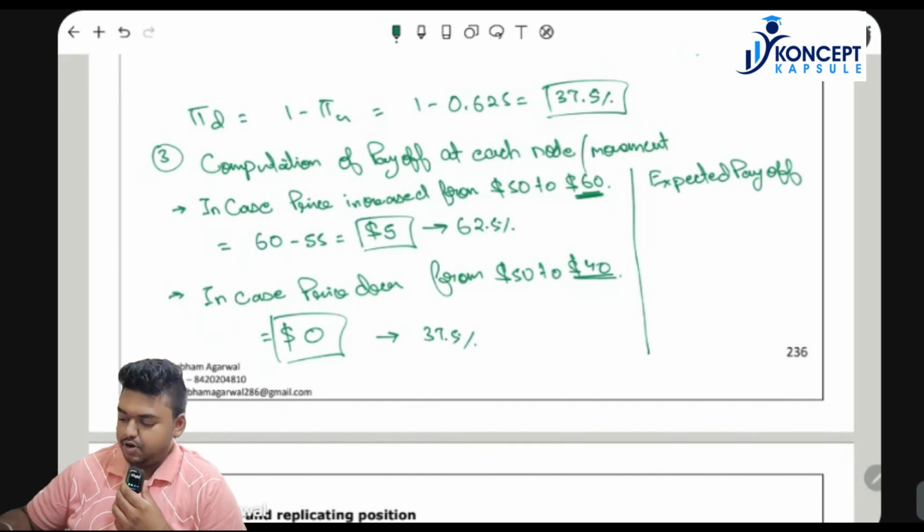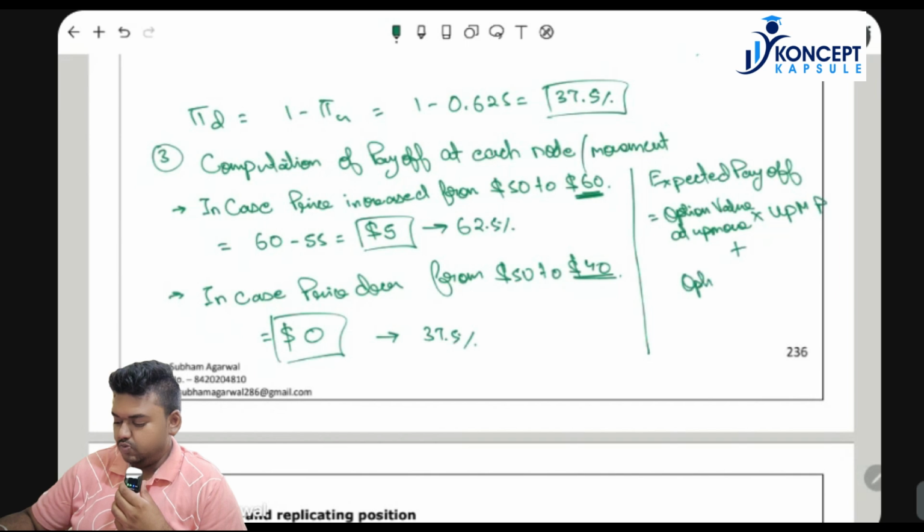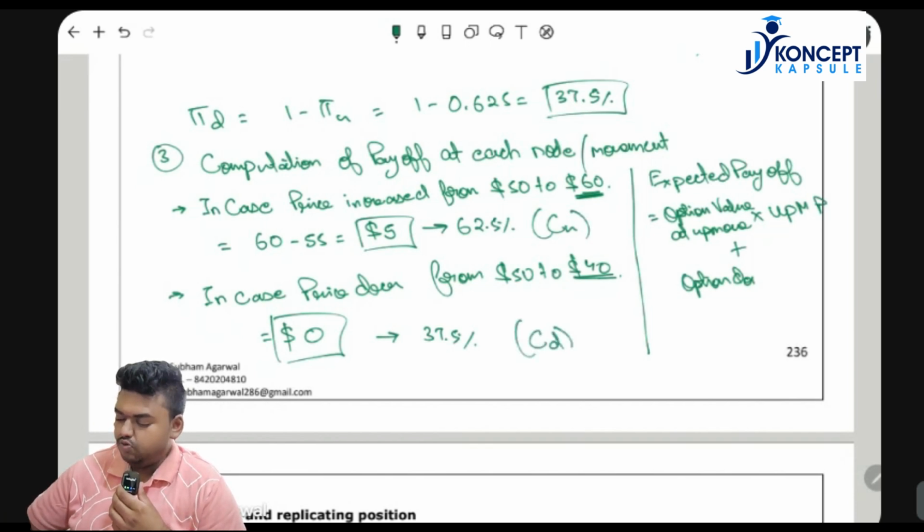What is expected payoff? The expected payoff is the option value at up move into up move probability, plus the option value at down move into down move probability. The option value at up move is given as CU and the option value at down move is given as CD.